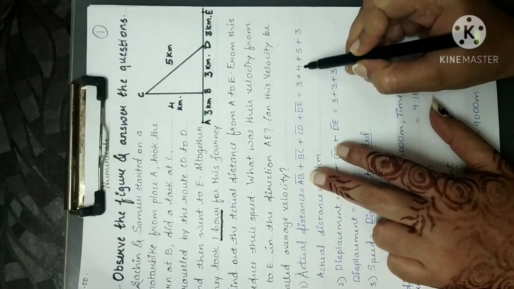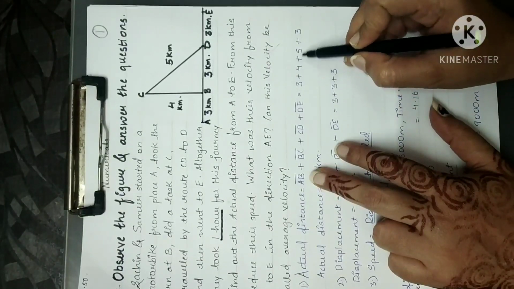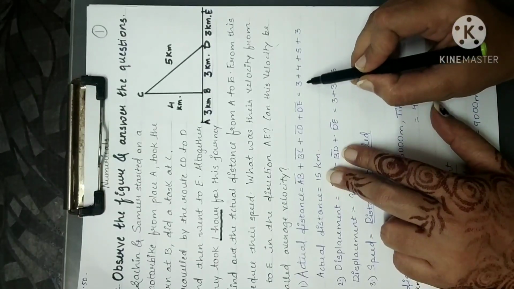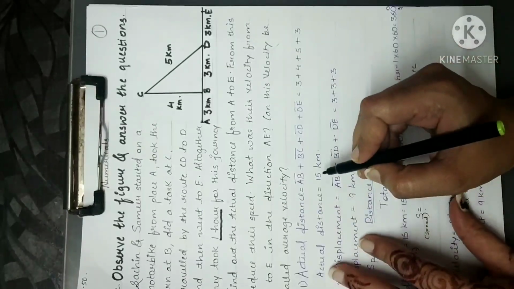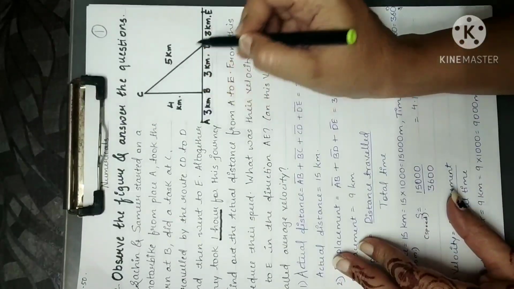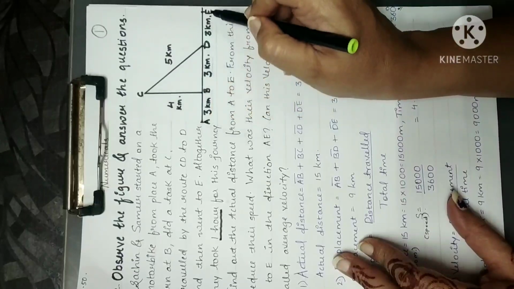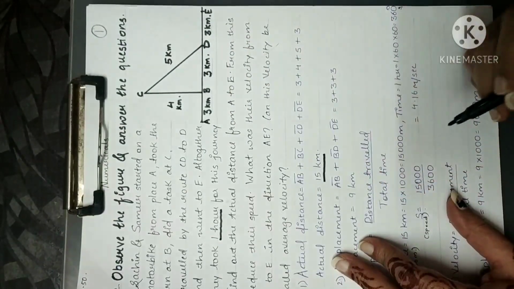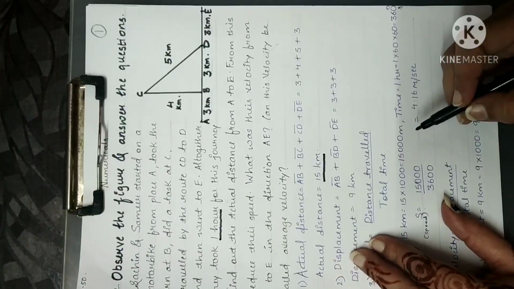So 3 plus 4 is 7, 7 plus 5 is 12, and 12 plus 3 is 15 kilometer. So, actual distance is 15 kilometer from A to E.